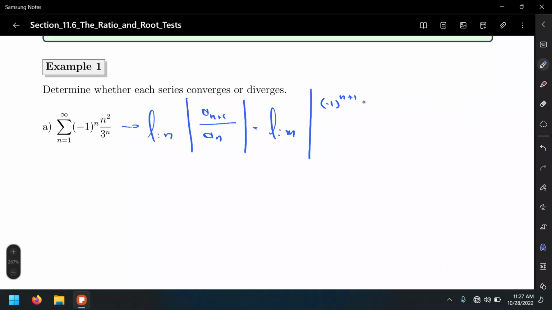So that's n plus 1 quantity squared over 3 to the n plus 1, and then divide by the original rule, -1 to the n squared over 3 to the n, as n approaches infinity. All right, yes, a lot of terms, a lot of factors, ugly looking fraction, no worry.